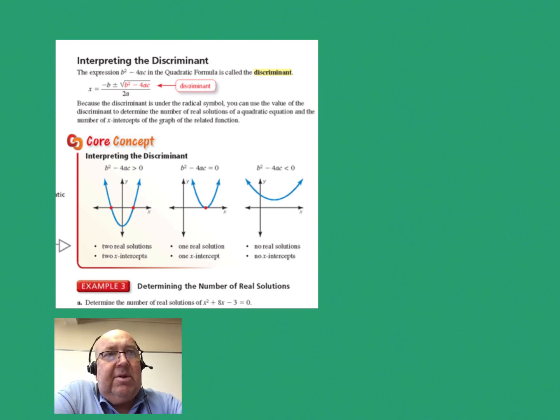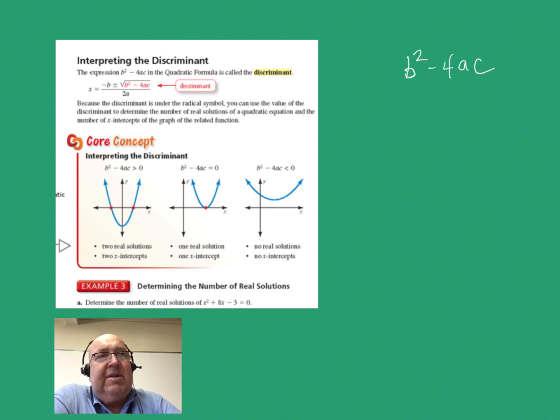So if I want to look at just this, b squared minus 4 times a times c, which is called the discriminant: if the discriminant is a positive number, there will be two solutions. If the discriminant is 0, there will be one solution, and if the discriminant is negative, there will be no solutions.